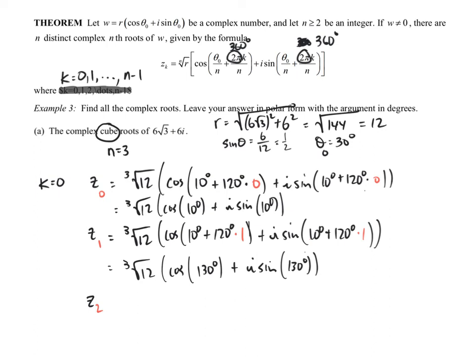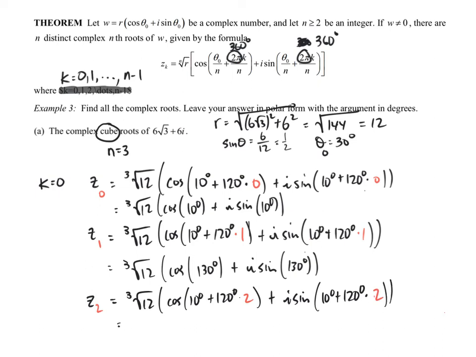This is going to be the last cube root of this complex number. So once again we have the cube root of 12 multiplied by cosine of 10 degrees plus 120 degrees multiplied by 2 this time, plus i times the sine of 10 degrees plus 120 degrees multiplied by k, which is 2.